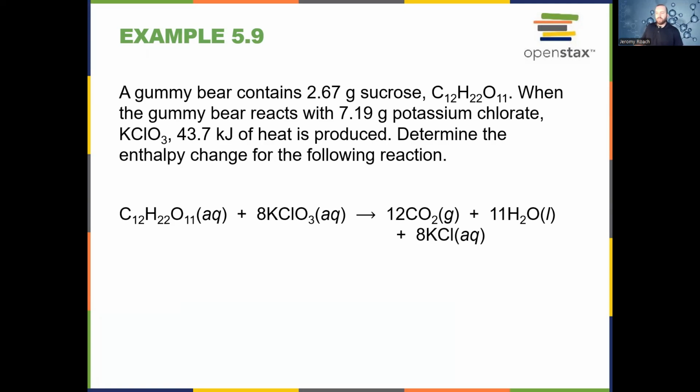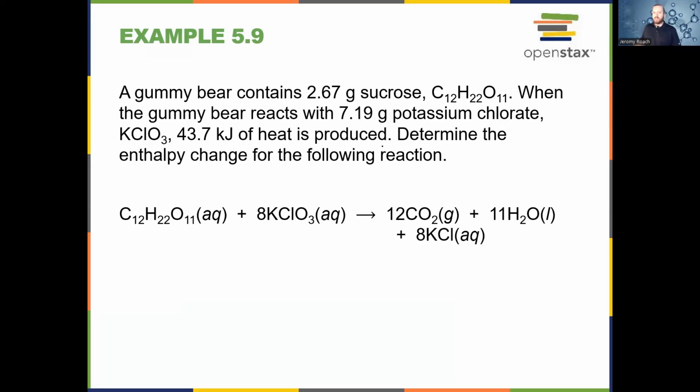All right, so let's look at an example here. We have a gummy bear and it has 2.67 grams of sucrose, C12H22O11. When the gummy bear reacts with 7.19 grams of potassium chlorate, KClO3, 47.3 kilojoules of heat is produced.